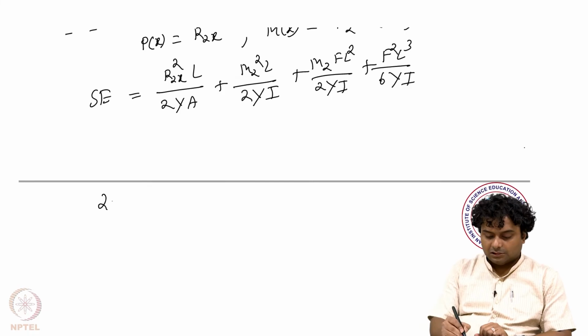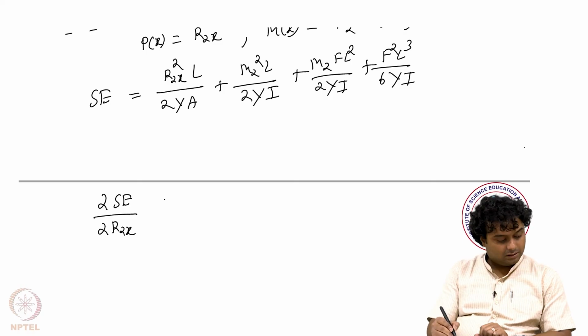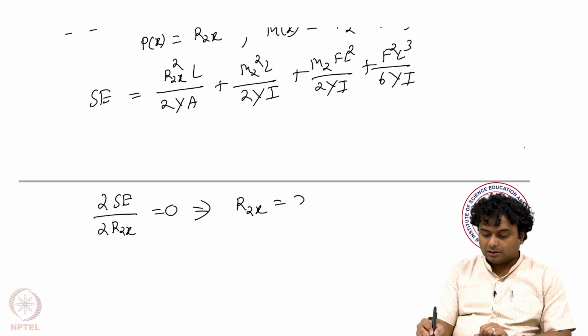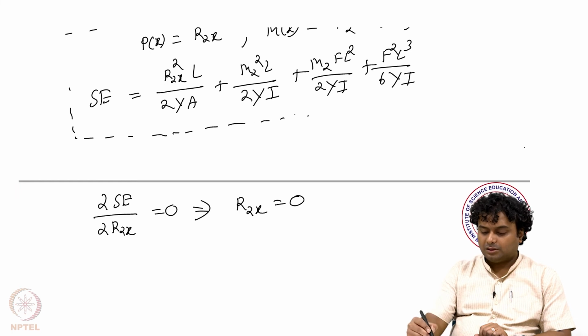So delta SE by delta R2x equals 0 implies R2x equals 0, because in this strain energy the only term which depends on R2x is the first term, R2x square L divided by 2YA. The other terms are independent of R2x, so they become directly 0.